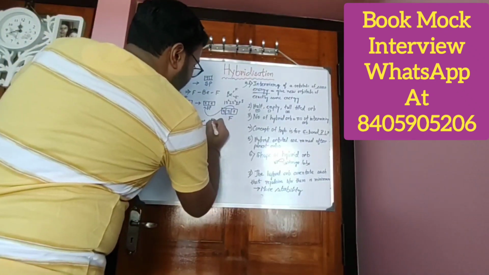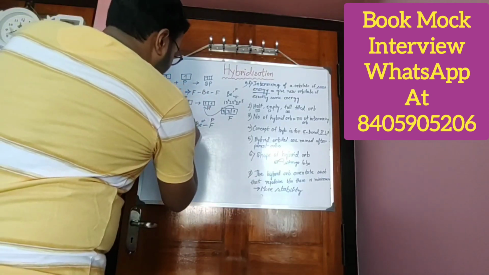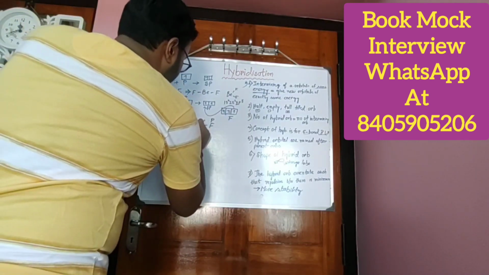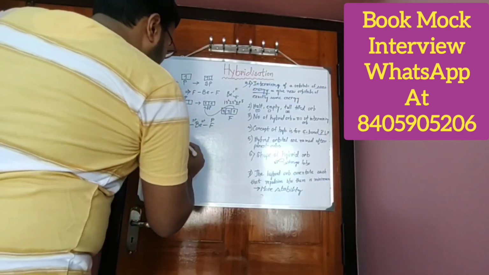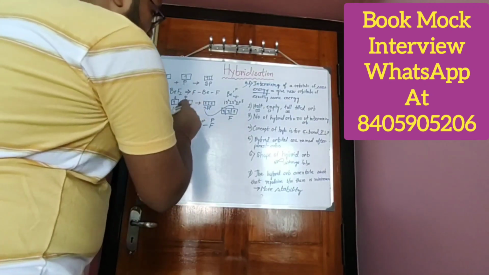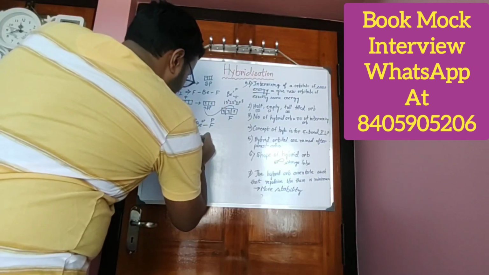Fluorine will give the electron of its p orbital, and it will overlap with the sp hybrid orbitals. If we see the structure of this, it will look like this.